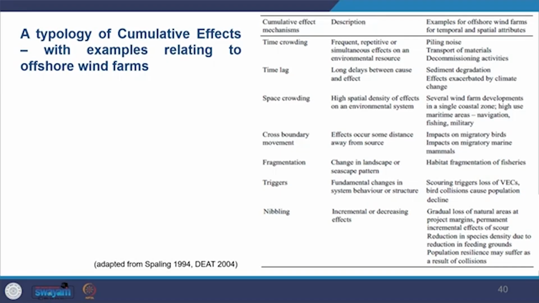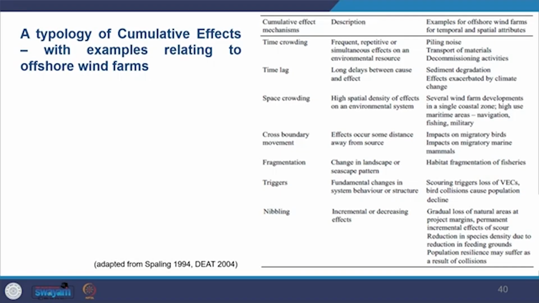So what's really happening at the project site or beyond the project site, such as impacts on migratory birds and migratory marine mammals. Then you have another mechanism, fragmentation, a change in the landscape or seascape pattern. We had talked about fragmentation also, how things get fragmented.